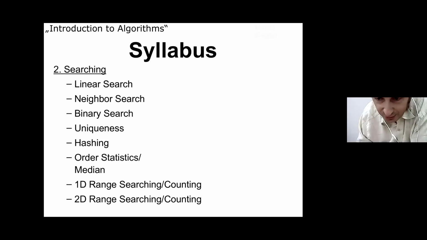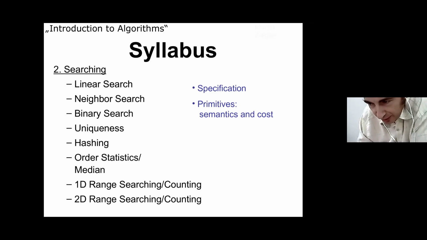Then we discussed linear search, which works for arbitrary arrays and has linear complexity. Then we said for ordered arrays we can do better. We have binary search, which is logarithmic. And then we were talking about various types of uniqueness and hashing as an improvement.